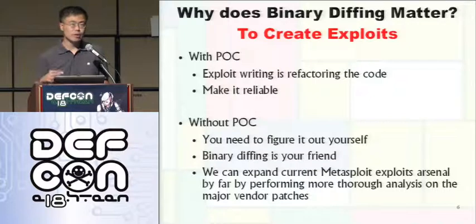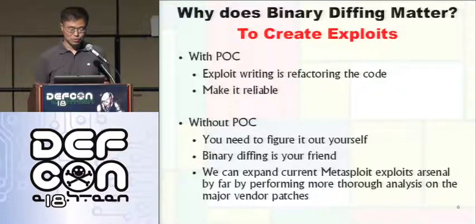Maybe you can get some information from the vendors, but I don't believe any vendor will release technical information to exploit writers. So the only way, I think, is using binary diffing, and maybe as people start to look into binary diffing, the Metasploit arsenal will increase by far.